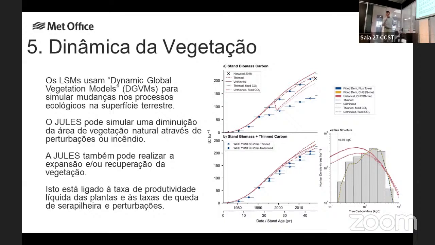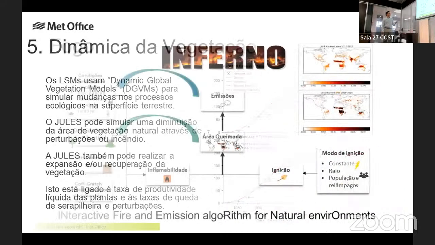You don't necessarily have to run it with dynamic vegetation, but when you're simulating it, you're capturing a lot of processes and the sustainability and vulnerability of forest and plant ecosystems. A big result in the early 2000s was that dynamic vegetation demonstrated that the Amazon rainforest was a tipping point, partly because you just did not have enough growth to sustain the forest. It's a bit more complicated now.